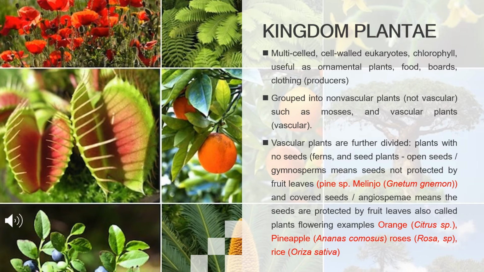Open seeds, called gymnosperms, mean seeds not protected by the fruit leaf. For example, pine and melinjo, whose Latin name is Gnetum gnemon. And the covered seeds, known as angiosperms, mean that the seeds are protected by fruit leaves, also called flowering plants. For example, orange, whose Latin name is Citrus sp., and so on.